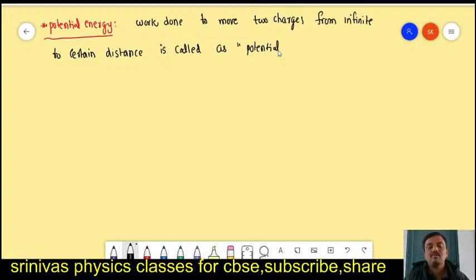Potential energy of a dipole we learned previously. It is different. This is the potential energy of a system of charges.